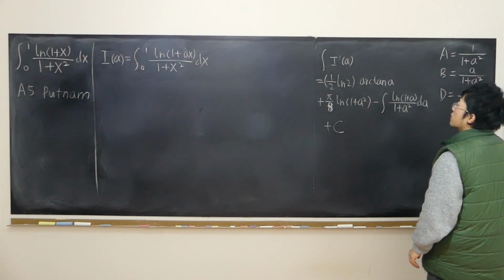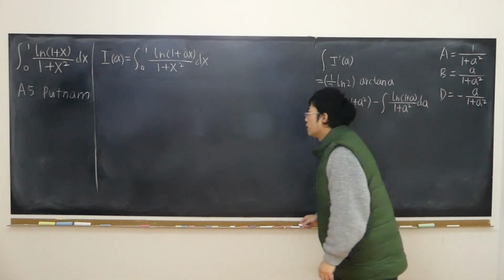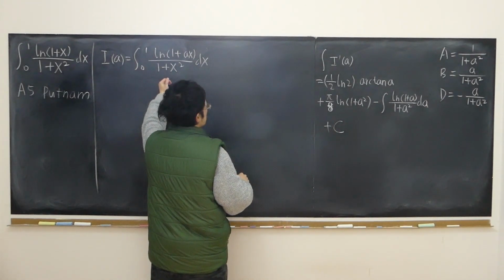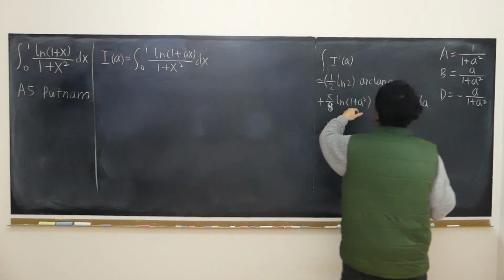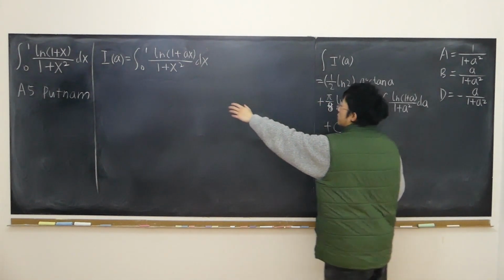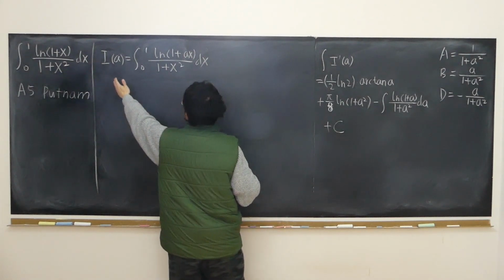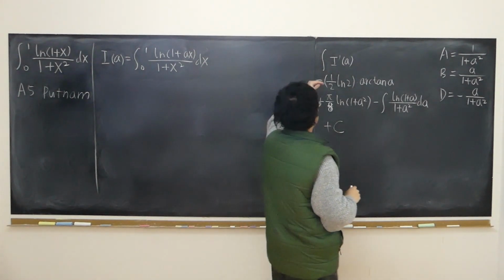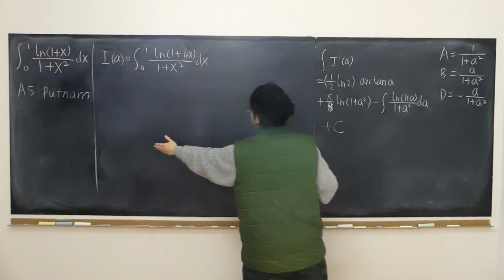And remember, since I of A is this one, that means, like I said, we've initially differentiated this one to get to the previous expression.